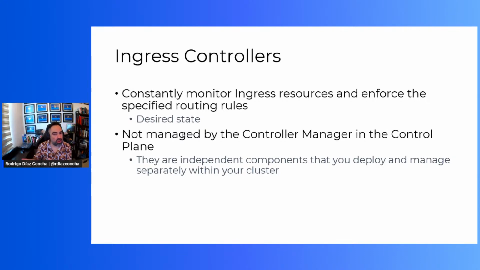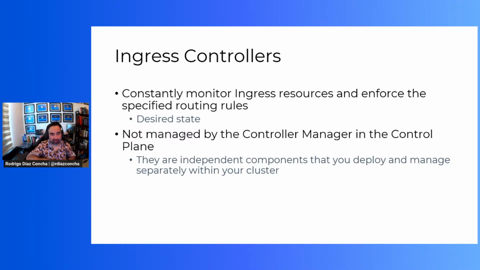Okay. So you need to install the Ingress controller. That's why you need this object. You don't use an Ingress by itself. You need both the Ingress and the Ingress controller that is watching those Ingress resources all the time, okay?